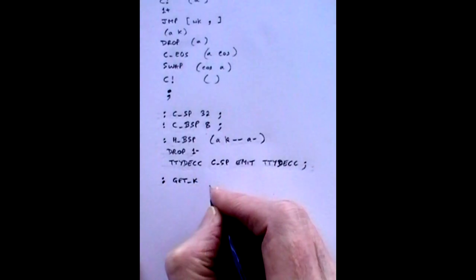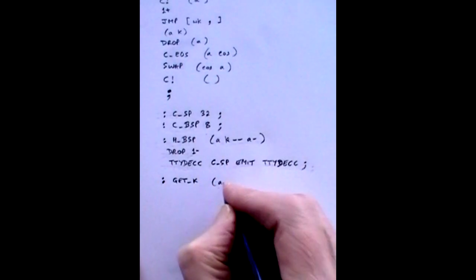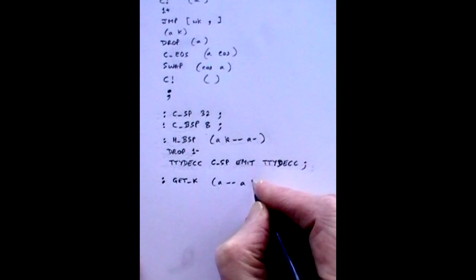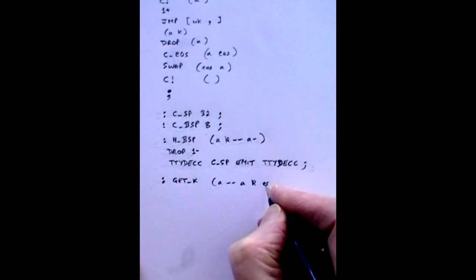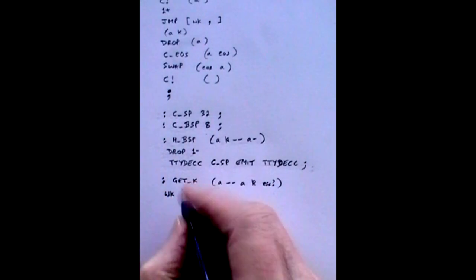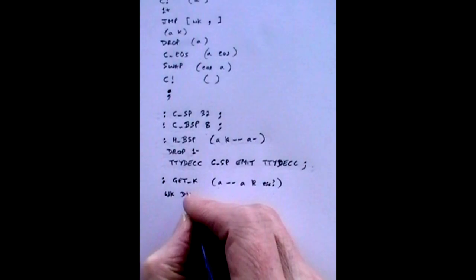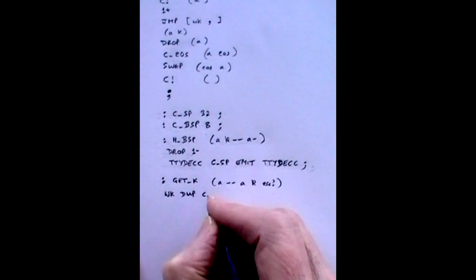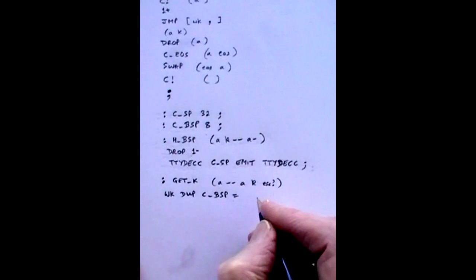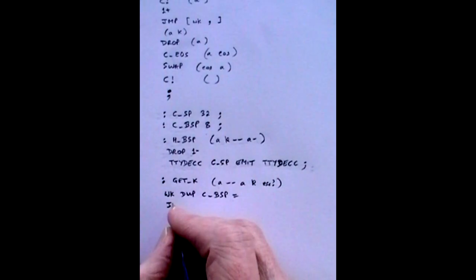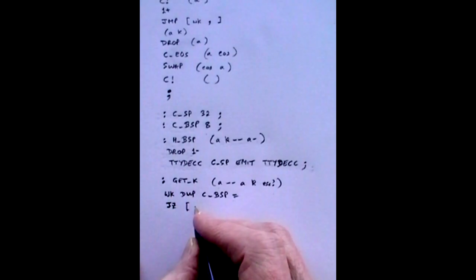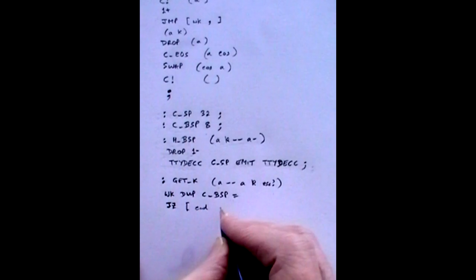So the get key part, get key, which is going to start with an address and end up with an address, a key and a boolean. It's going to be wait for the key, duplicate it and check if it's backspace, and if it is not, jump if 0, we go to the end.